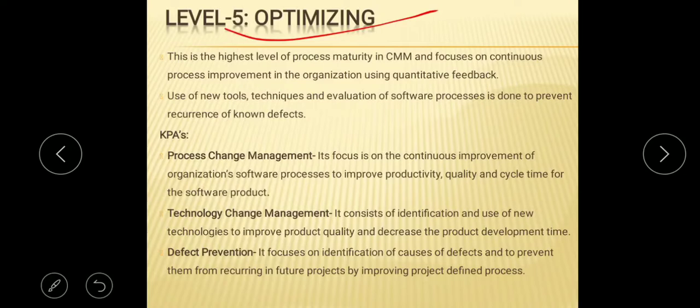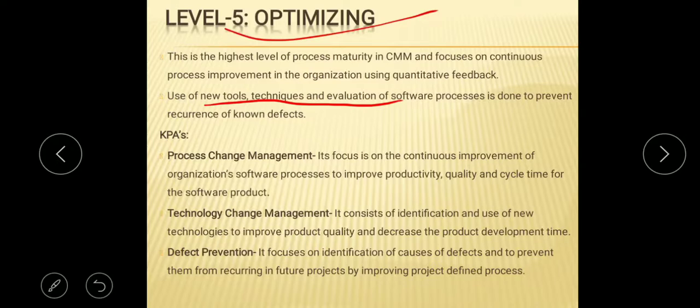This is the highest level of process maturity in CMM and focuses on continuous process improvement in the organization using quantitative feedback. Use of new tools, techniques, and evolution of software processes is done to prevent recurrence of known defects.